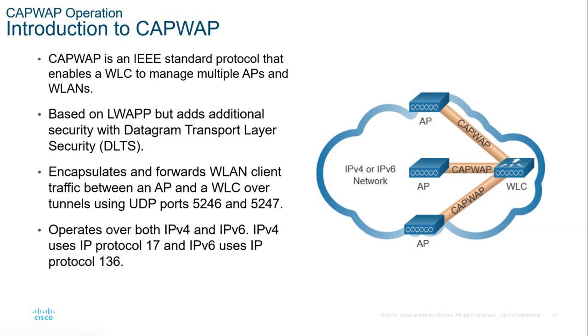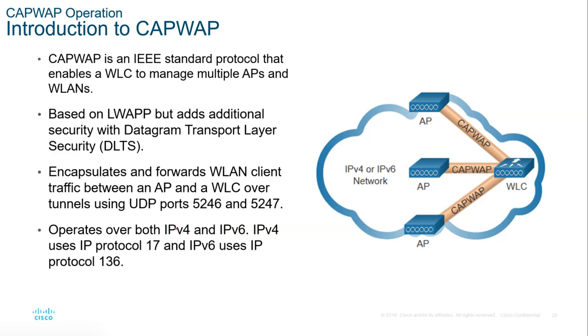So CAPWAP is just a standard protocol that enables a wireless LAN controller to manage multiple APs and WLANs, based on the Lightweight Access Point Protocol, but it adds additional security with Datagram Transport Layer Security.